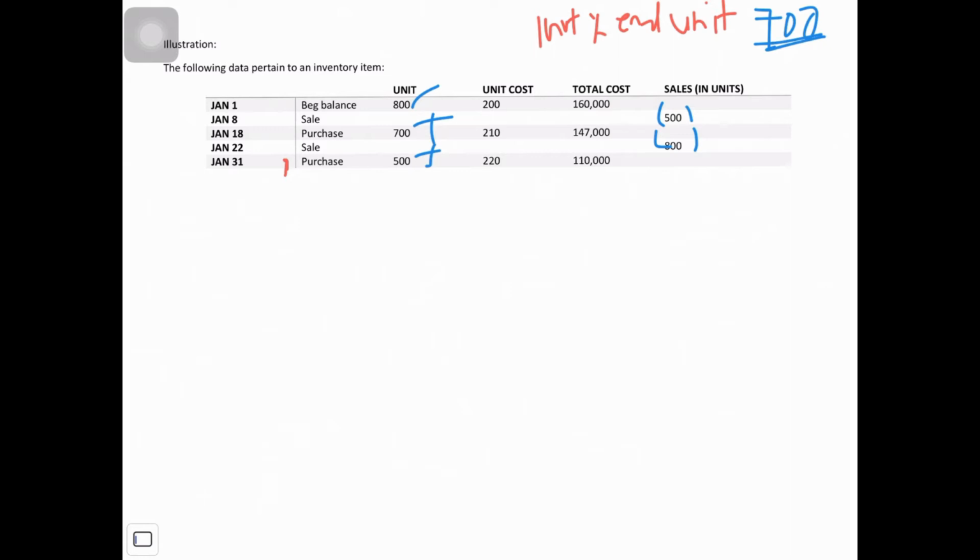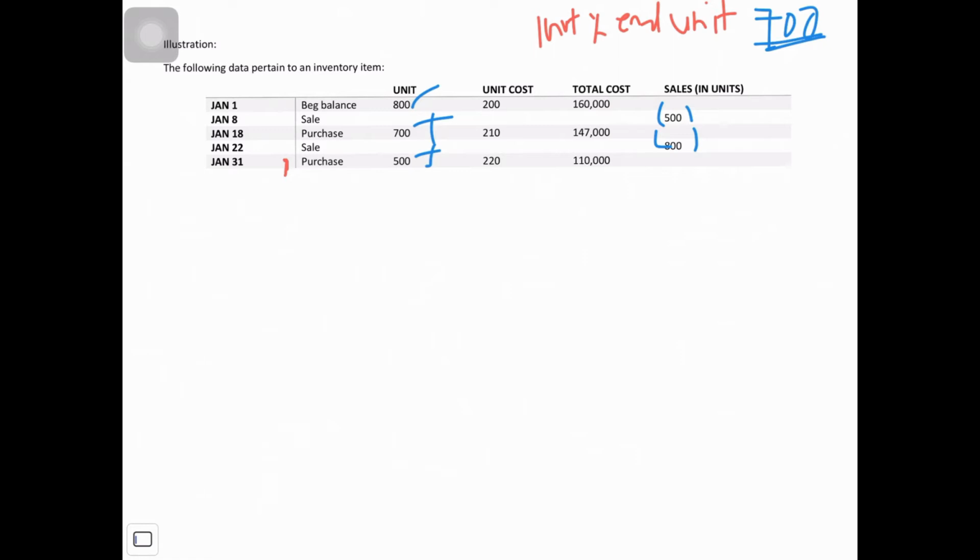And then, we're going to add the 700 purchases. And then, we're going to less the 800. And we're going to add the 500. So, we have 700. And this is what you will use whether FIFO or average. You just multiply it by the unit cost later.